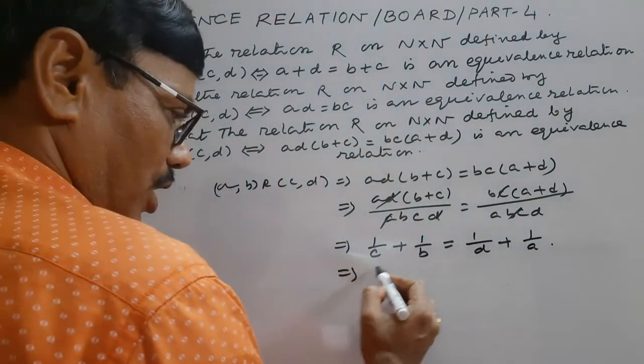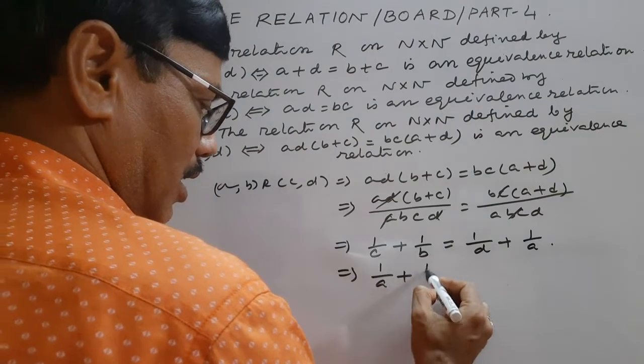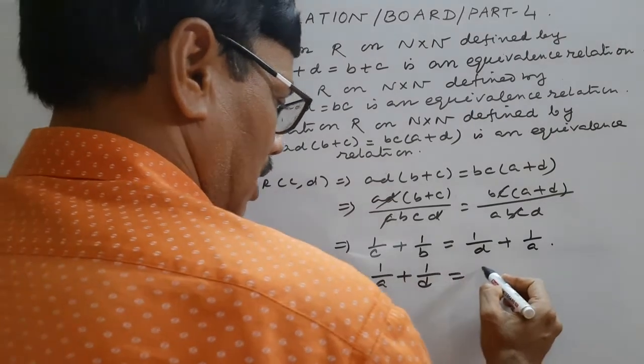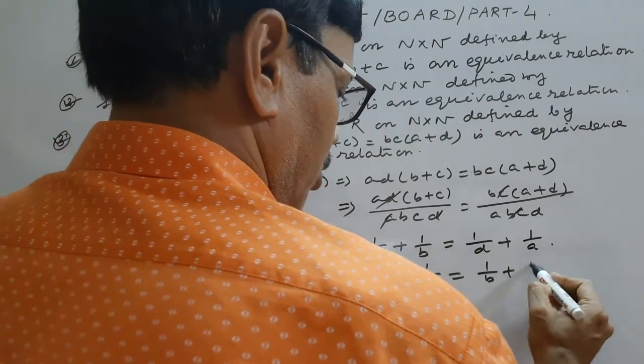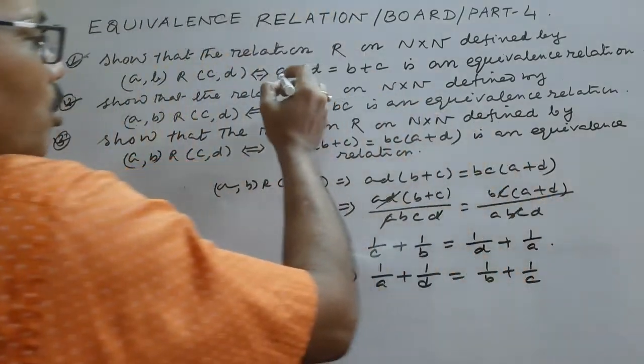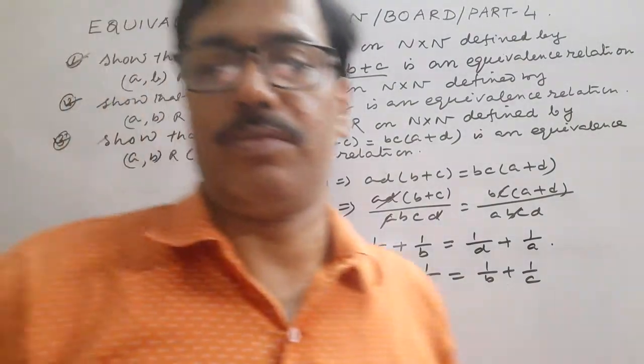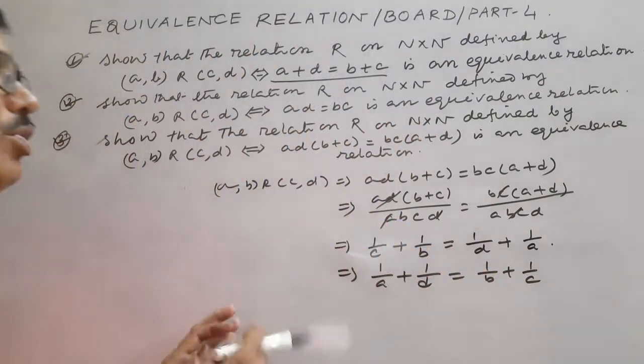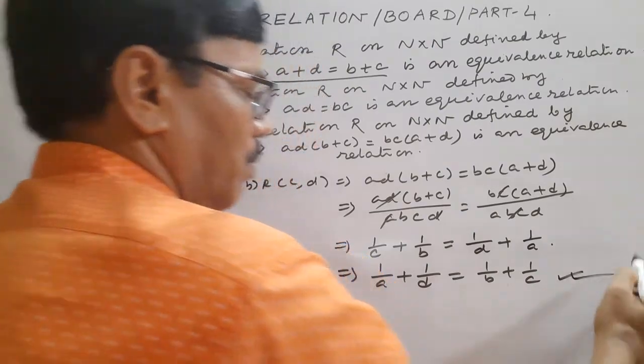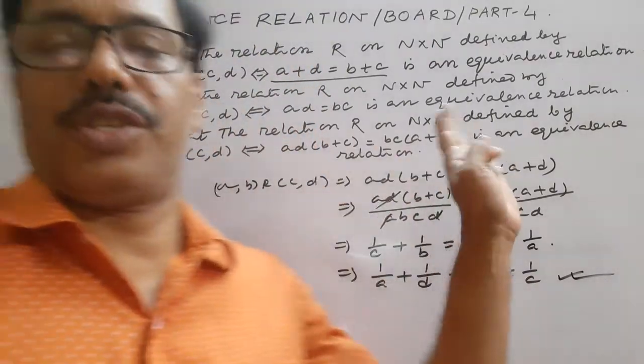So look, you are getting a relation similar to that of problem 1. It is given in reciprocal form. Then try to satisfy the properties.